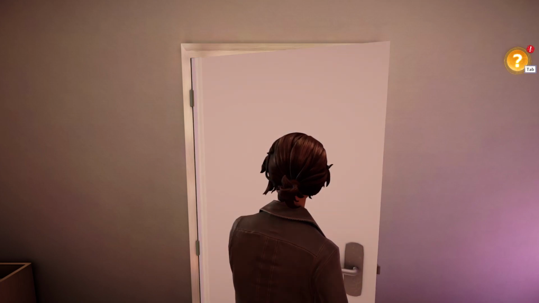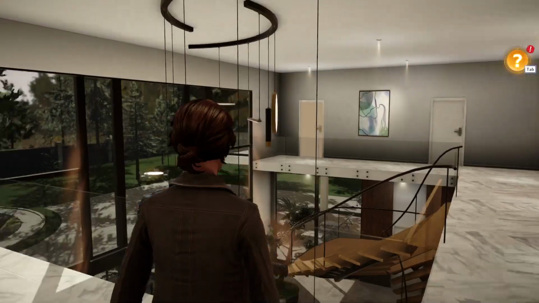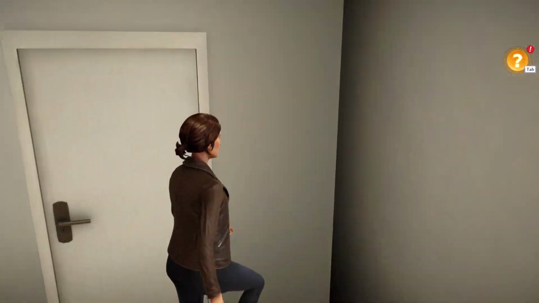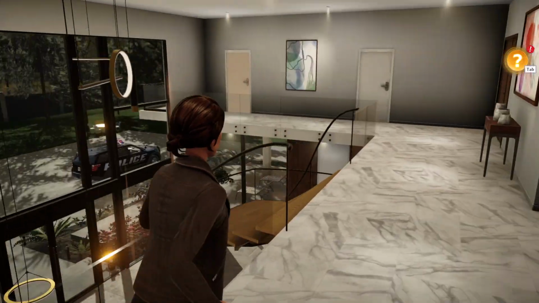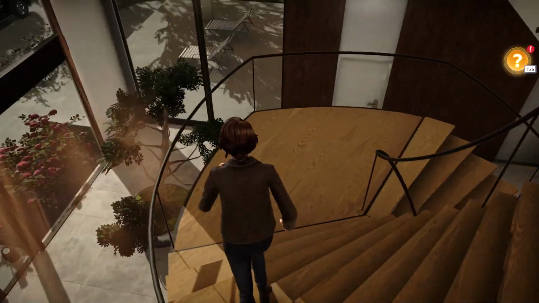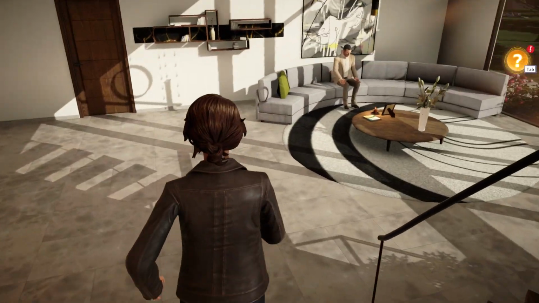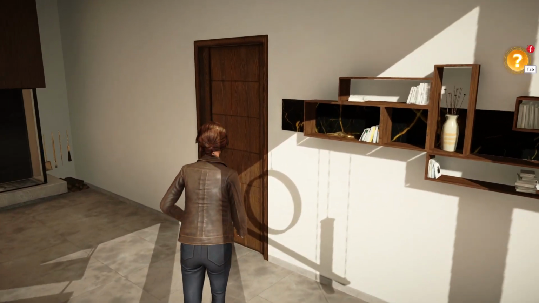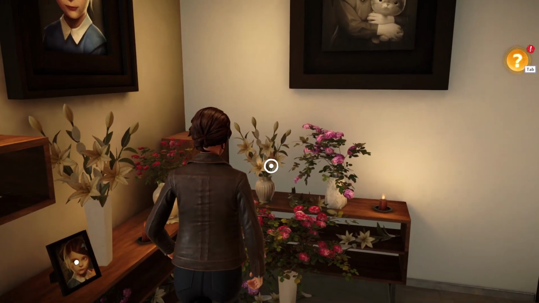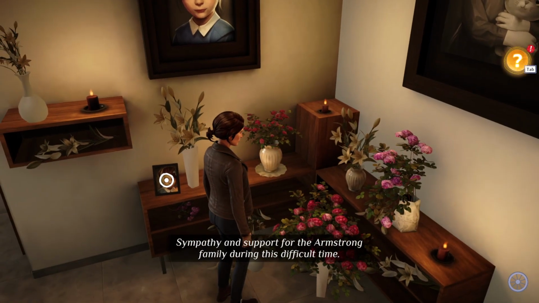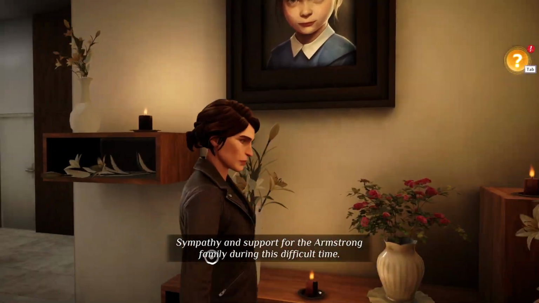Okay, let's continue. So I think we spoke to the nanny. Let's go down for a second to speak to the father. And, well, before going there, let's just go somewhere. Sympathy and support for the Armstrong family during this difficult time.